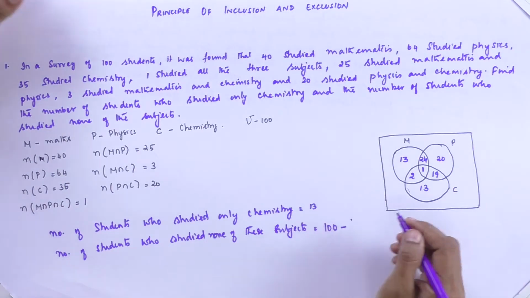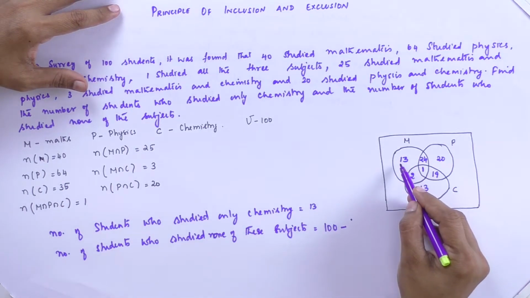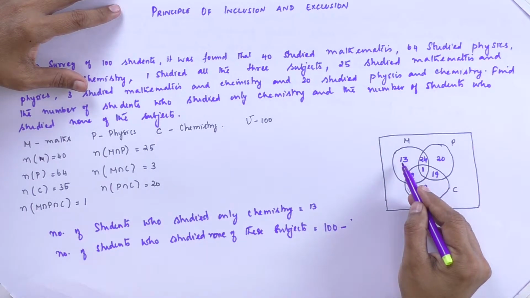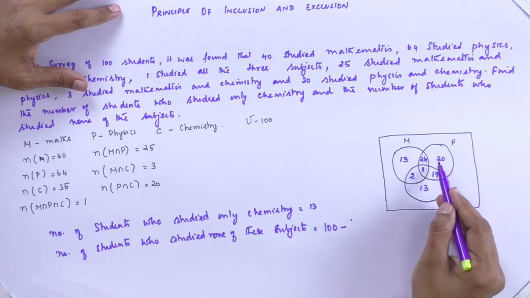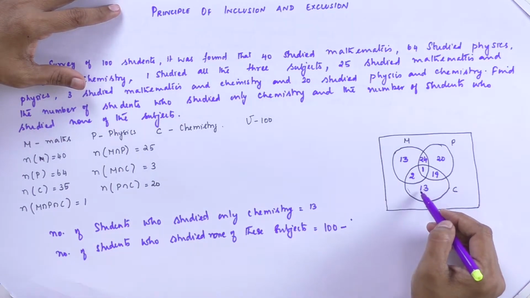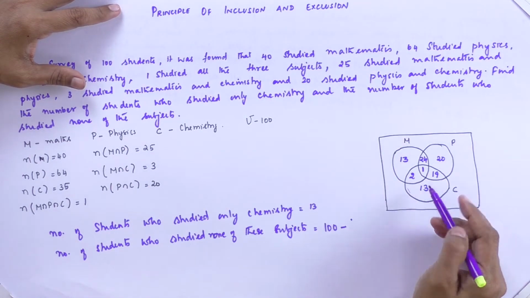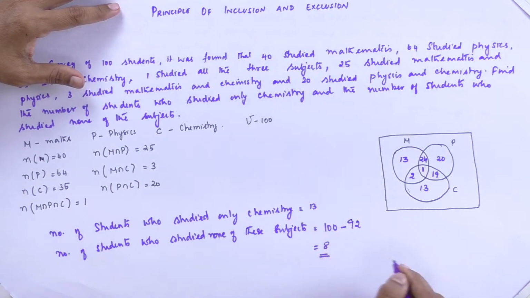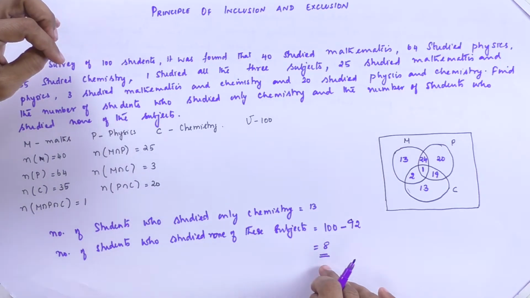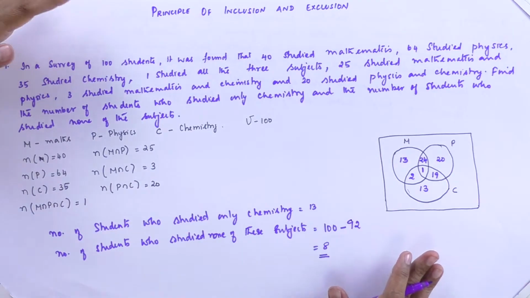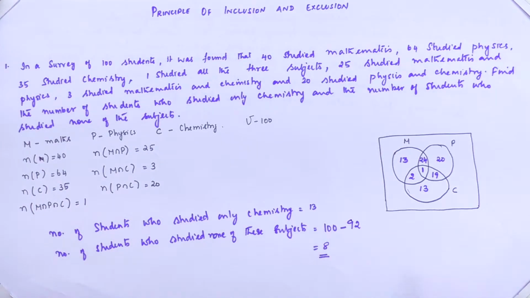I just add them up: 25, 27, 30, 40 plus 20, 60, 80, 79, 89 and 92, right? So it is equal to 8 students who studied none of these subjects. This is how one has to do it using the rule of inclusion and exclusion.